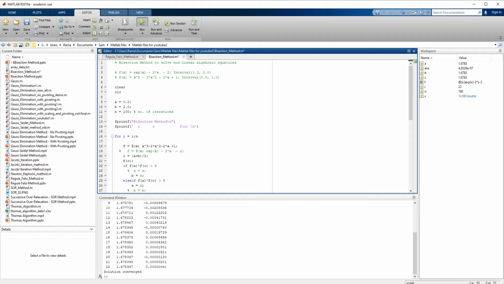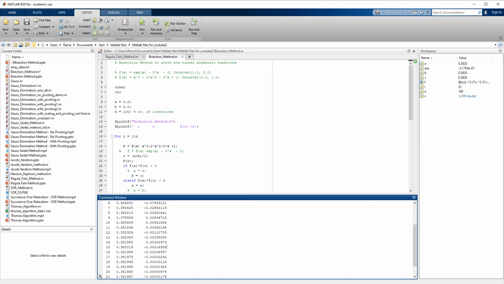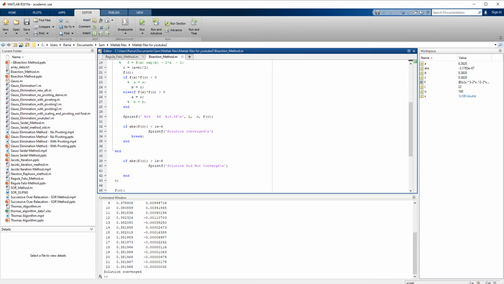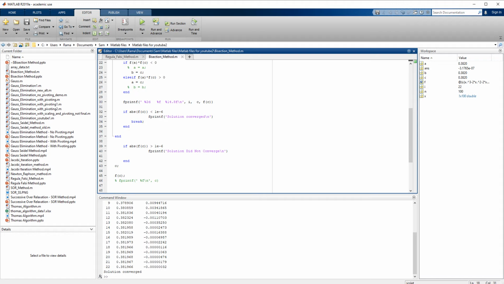We run this once again, and again it took about 22 iterations to meet our stopping criterion. The root is calculated to be 0.381966, and f(x) at this root is very close to 0.